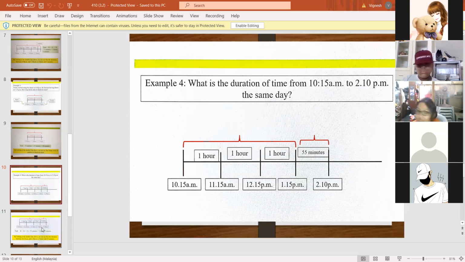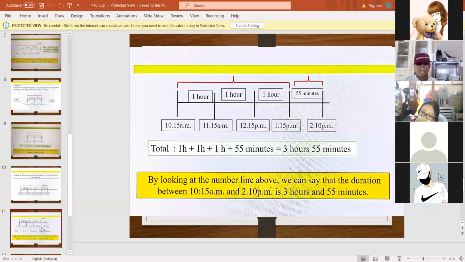What is the duration of time from 10:15 a.m. to 2:10 p.m. the same day? 3 hours 50. How? Is it 3 hours?